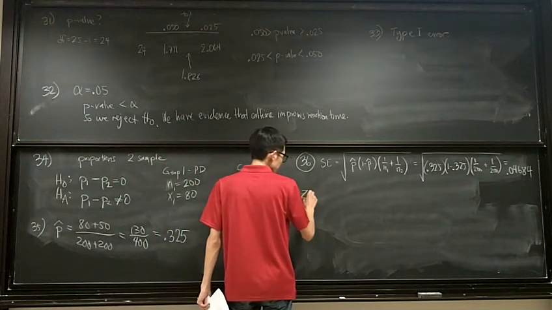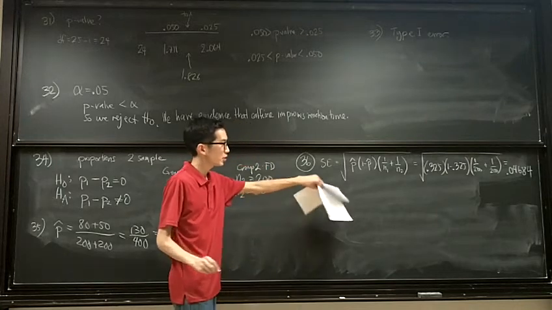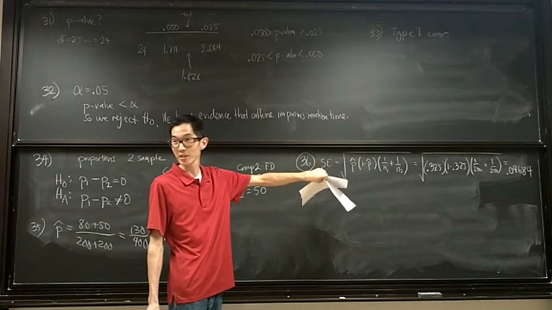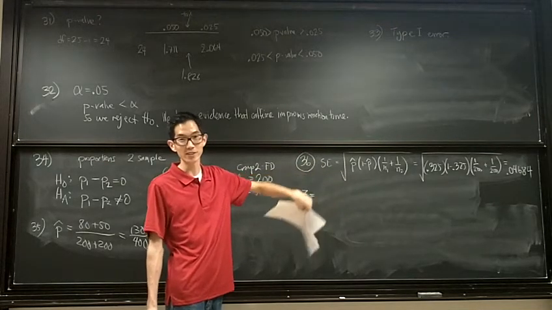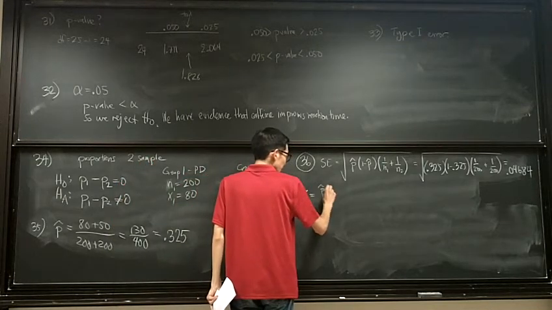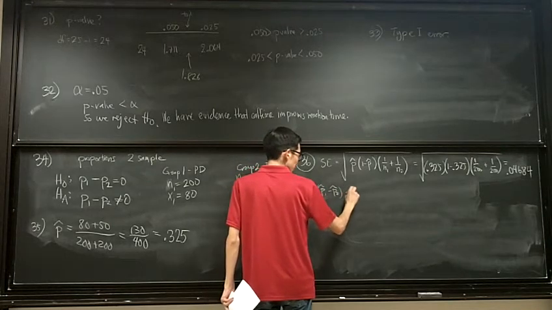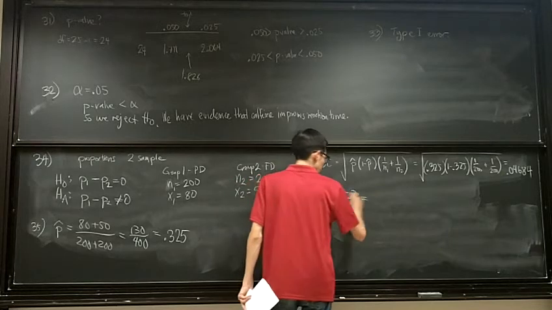The test statistic is Z. So be careful, maybe one of the wrong answer choices will be just the standard error. That's not your answer for the test statistic. So Z is P1 hat minus P2 hat, what we observed, minus what I expected, which was 0, divided by my standard error.